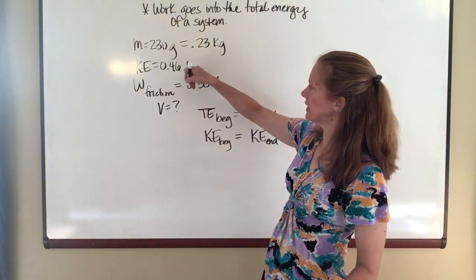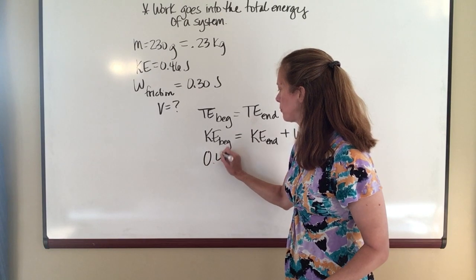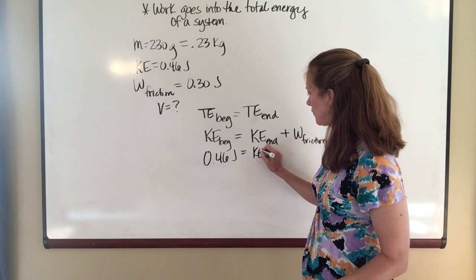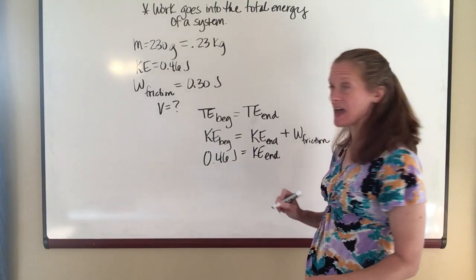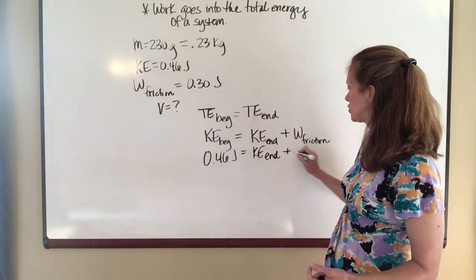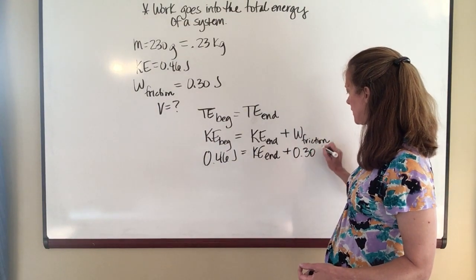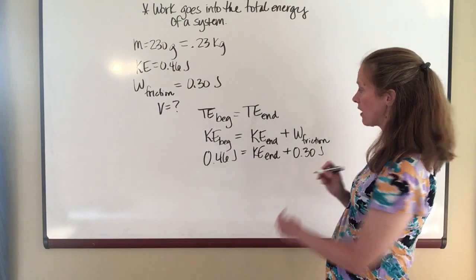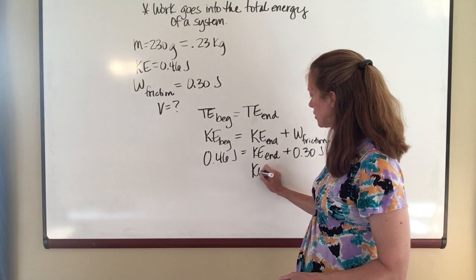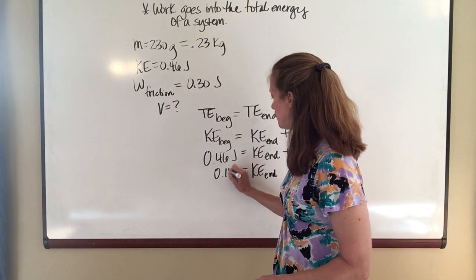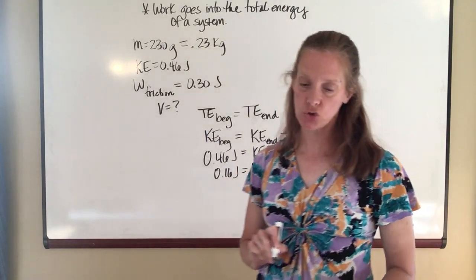Therefore, the kinetic energy at the beginning was 0.46 joules. The kinetic energy at the end, I don't know yet, and the work due to friction, I was told, was 0.30 joules. Now simple subtraction tells me that the kinetic energy at the end is going to be 0.16 joules.